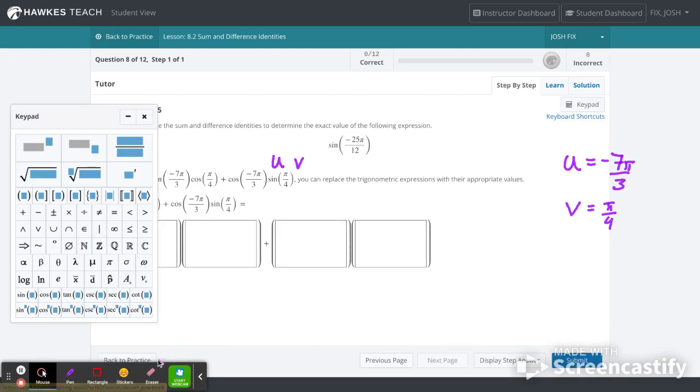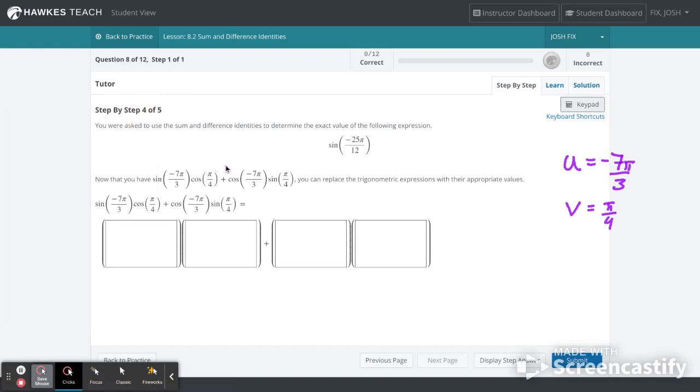All right. So I'm just going to erase that real quickly so it's not in our way. So now we're ready to evaluate. And this is where the unit circle is going to come back into play again.